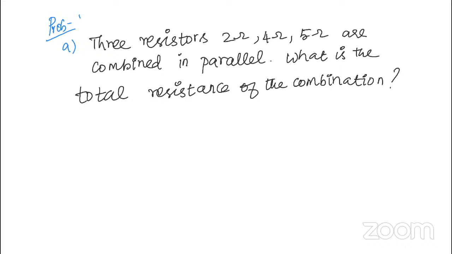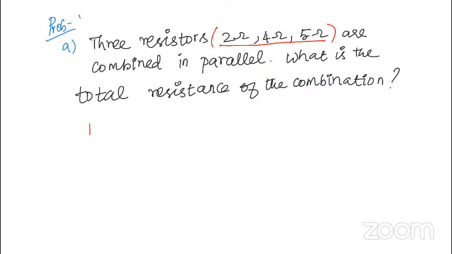Right. So here, three resistances, 2 ohms, 4 ohms, and 5 ohms, are connected in parallel. Then what is the total resistance of the combination? We know the formula for the resistance if it is connected in parallel, right?